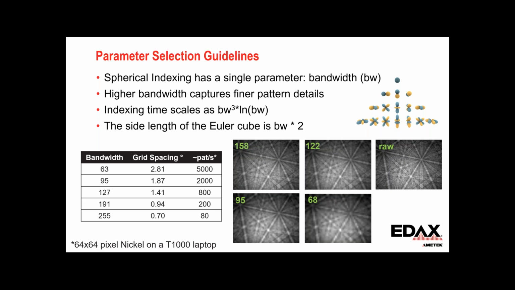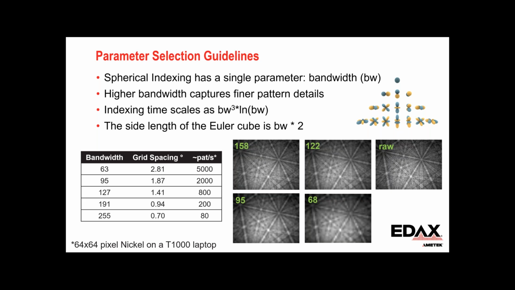So I'm showing on the bottom right here, if you take your pattern back projected on the sphere, do the band pass with that bandwidth, and then get out the resulting pattern, you can see that as you go higher in bandwidth, you more accurately capture the original pattern.